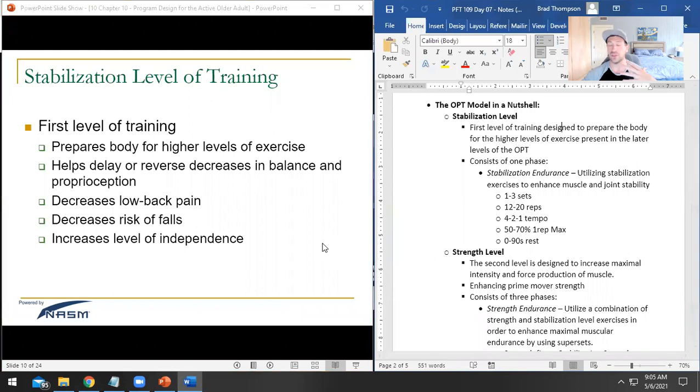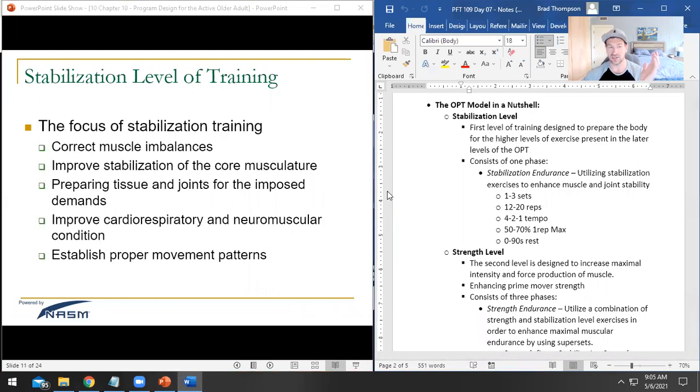These exercises are designed to prepare the body for the later levels of the OPT. This is going to prepare us for the harder exercises that are to come later on. This is meant to be the much more foundational style of lifting.